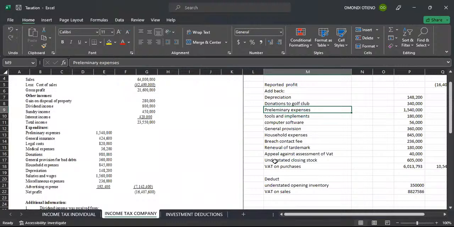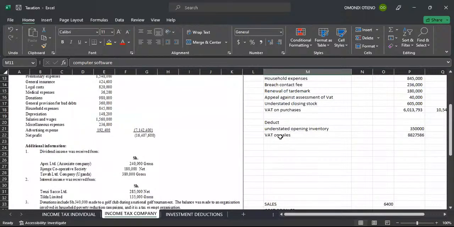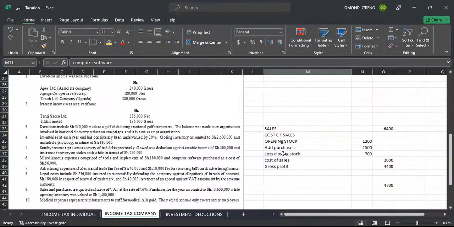That's why we were adding back the small tools, the capital expenses like tools and implements, computer software, because they were placed as expenses. But when an asset is placed as part of the closing stock, remember closing stock is going to reduce our cost of sales, which we now use to reduce the gross profit. So because it was placed here, it exaggerated the profit.